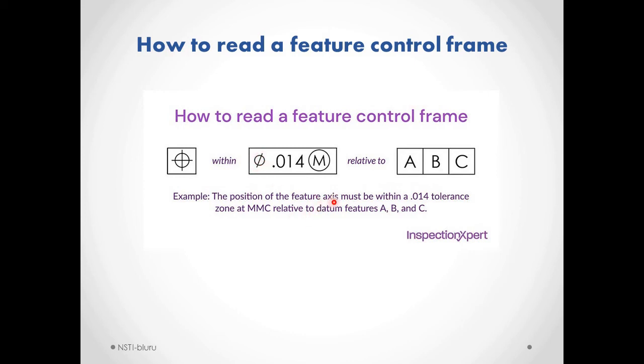So the feature axis must be within a 0.014 tolerance zone at maximum material condition. So the tolerance value is applicable only for the maximum material condition, relative to the datum features A, B and C.